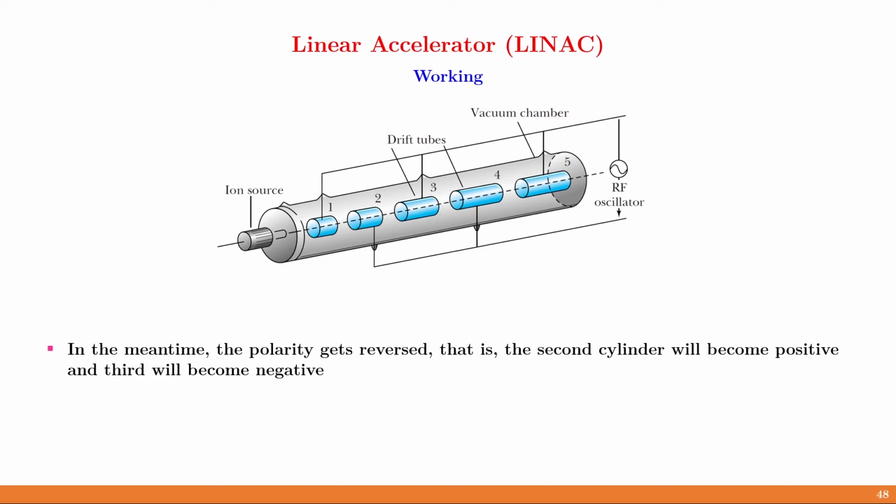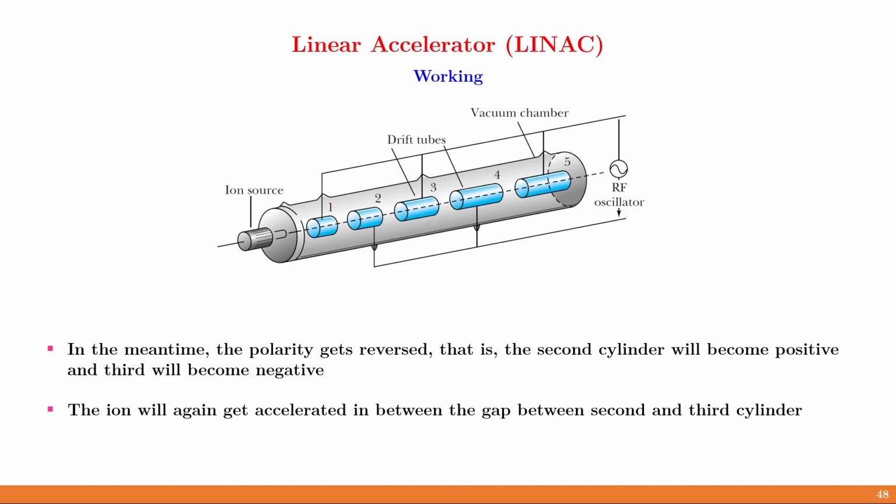In the meantime, the polarity gets reversed, that is, the second cylinder will become positive and the third will become negative. The ion will again get accelerated in the gap between the second and third cylinder.